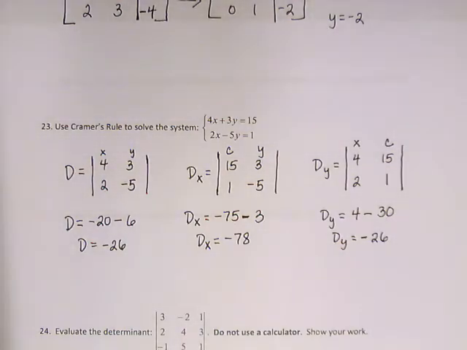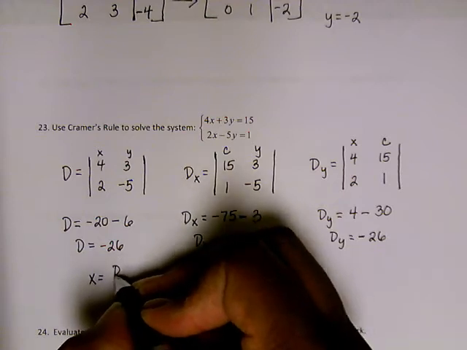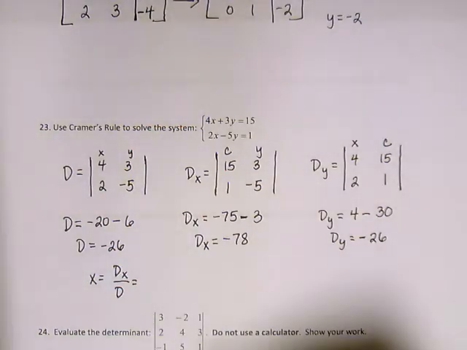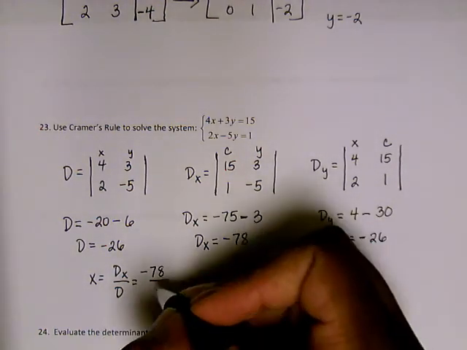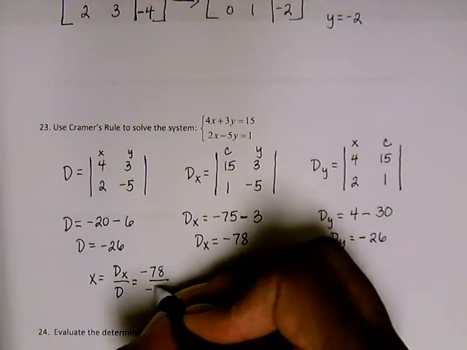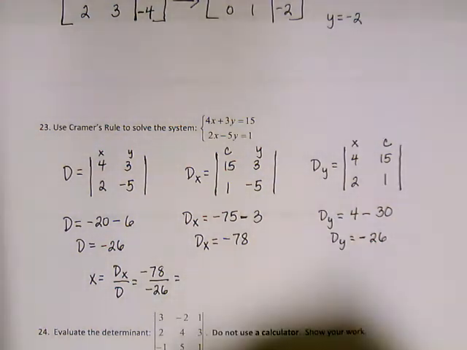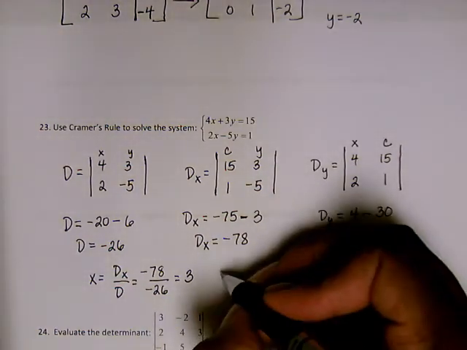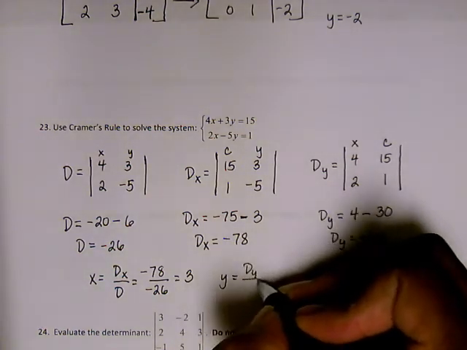Now we're going to use d sub x and d sub y to find out what x and y are going to be. X is always d sub x divided by d. So here d sub x is negative 78, your d is negative 26. So negative 78 divided by negative 26 would be a positive 3. And then your y is d sub y divided by d.